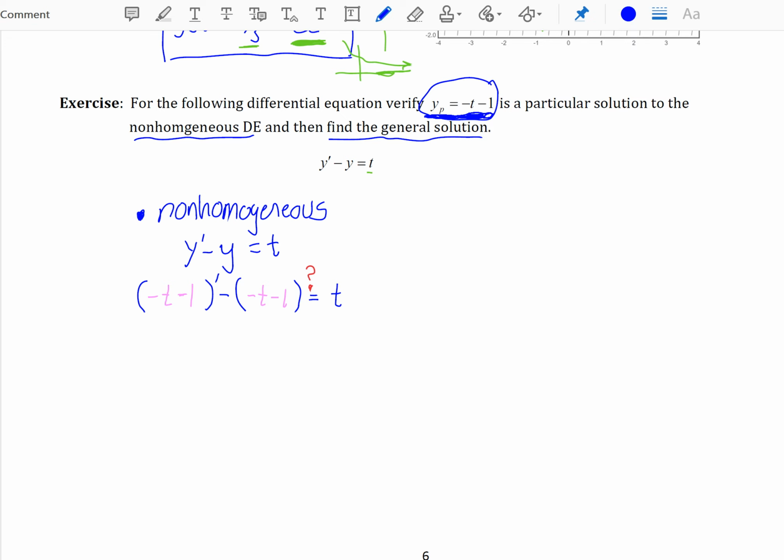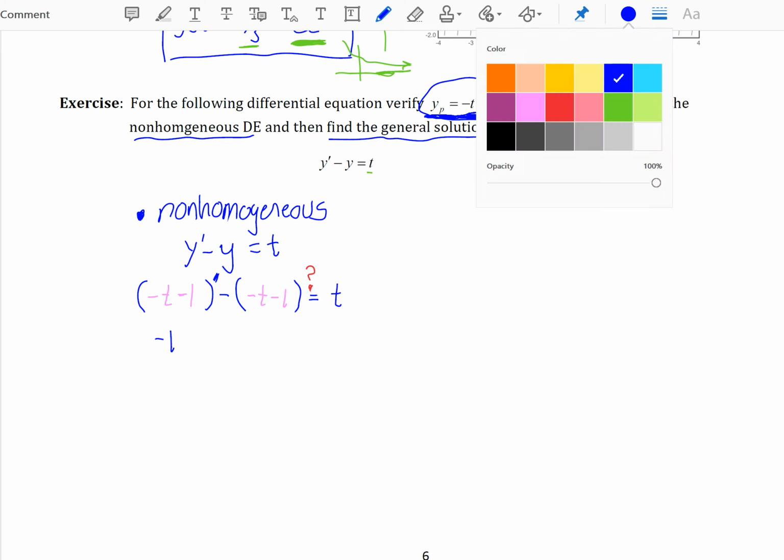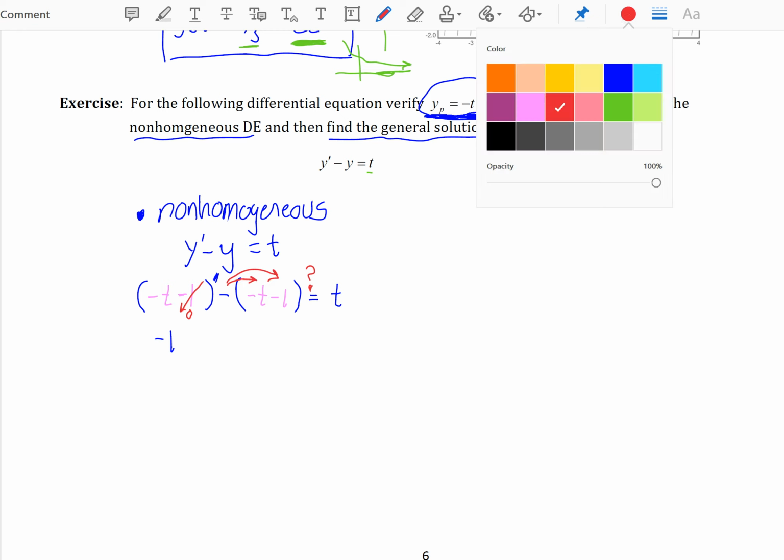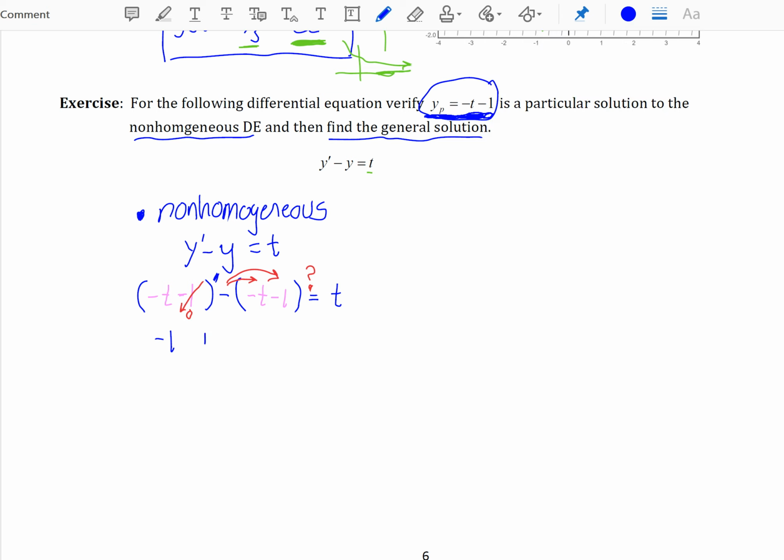Now, because of the way we take derivatives, the derivative of negative t minus 1 is going to be negative 1. And then the derivative of negative 1, because it's a constant, we know this is 0. Maybe we can distribute this minus sign into the parentheses and write this as plus t plus 1.